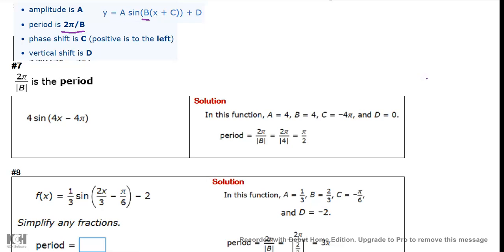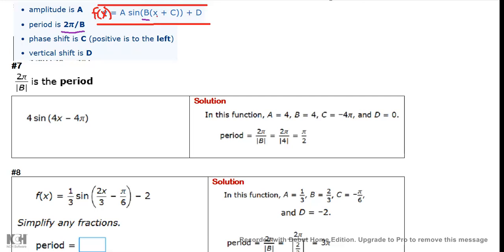Next, we have finding these properties from a given equation. So here is the equation of what it looks like right here. That's what the equation looks like. So they always say f of x or y, and then the number that you have with sine, that's your A position right here.